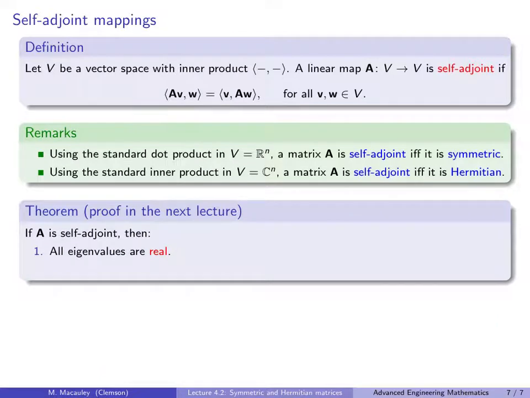Okay, so let's conclude with the big theorem of this lecture, why we introduced symmetric and Hermitian matrices in the first place. We introduced this and said that this is actually a special case of a more general concept of a linear map being self-adjoint. Now the big theorem says that anytime we have a self-adjoint matrix A, then all eigenvalues are real and eigenvectors corresponding to distinct eigenvalues are orthogonal.